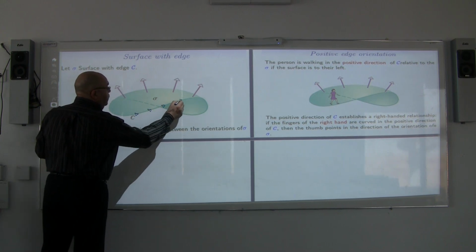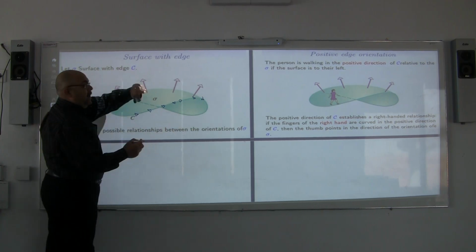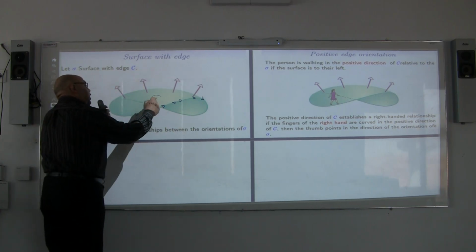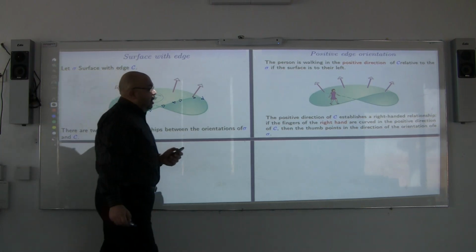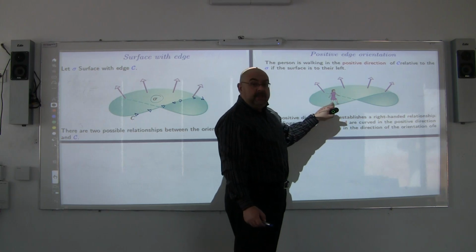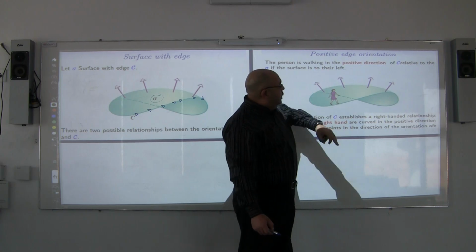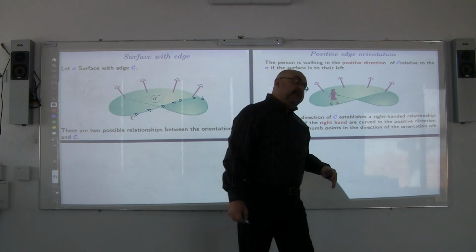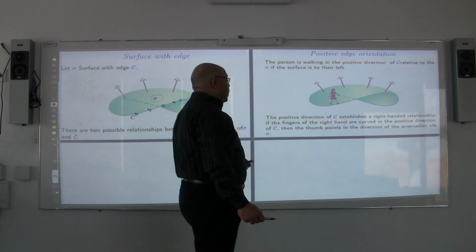I will be moving in this direction, with my left arm inside, or toward, the surface. If you see here, this lady is moving on the boundary, and her left arm is inside the region. So if I'm moving and my left arm is inside the region, that's the positive direction, as I told you.